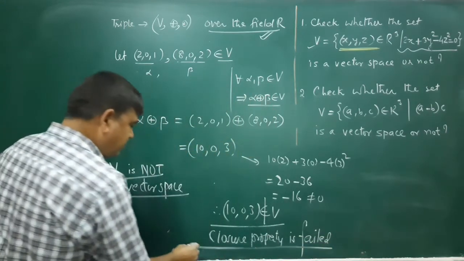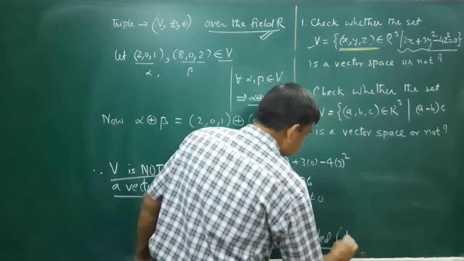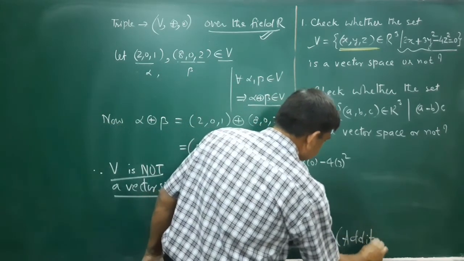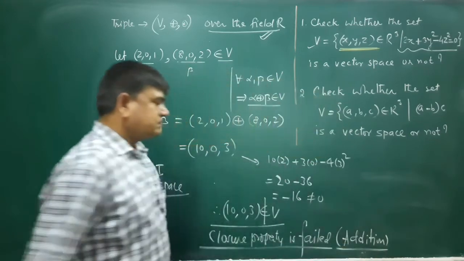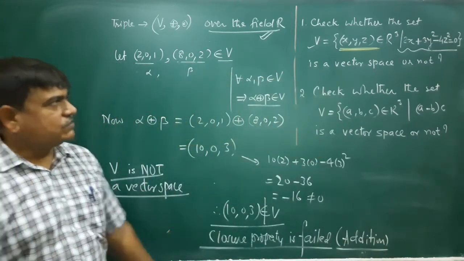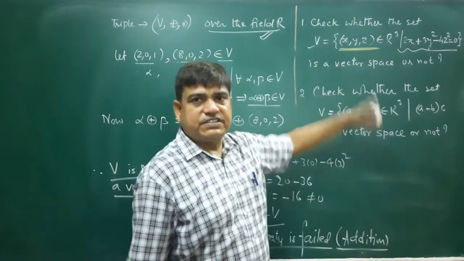Closure property, which one? Addition. Closure property has failed, so this is not a vector space.